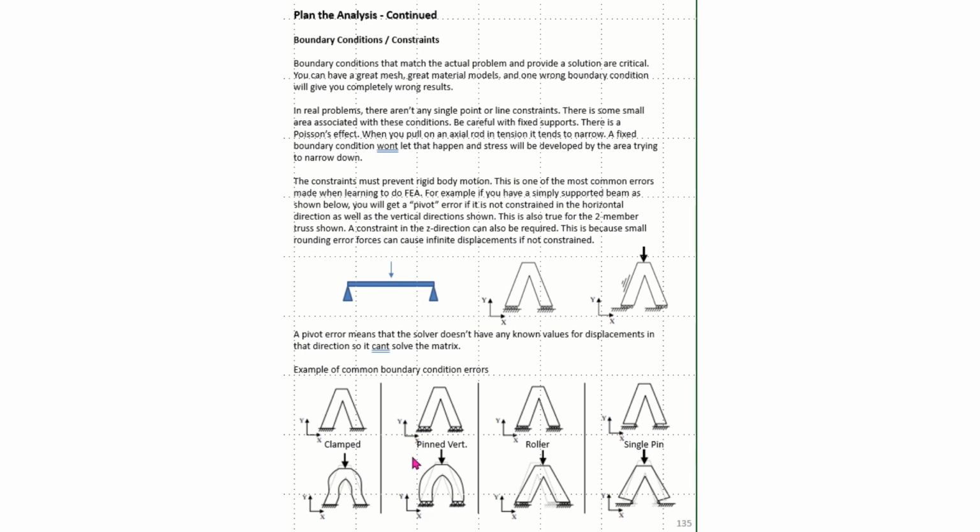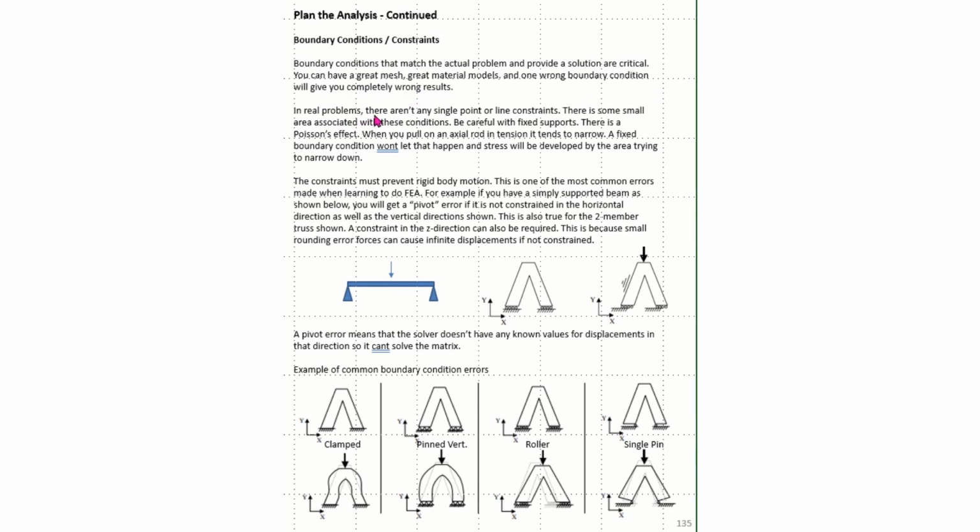Boundary conditions are where most mistakes are probably made. We need to make sure that the boundary conditions match the actual problem and that it will provide the right solution. You can have a great mesh, the perfect material model, and one wrong boundary condition will give you completely wrong results.